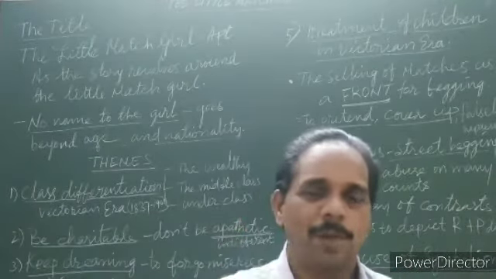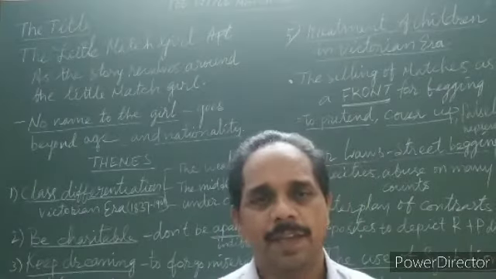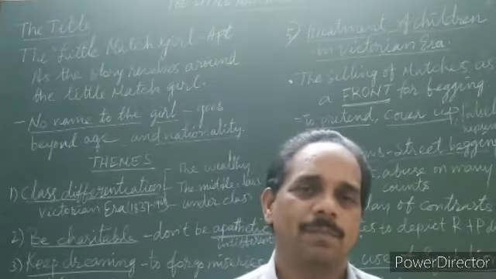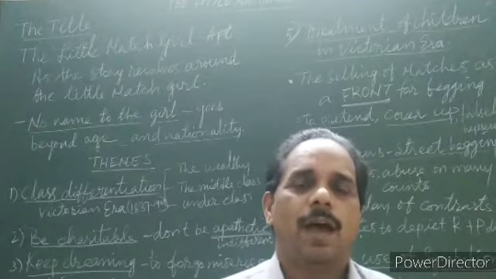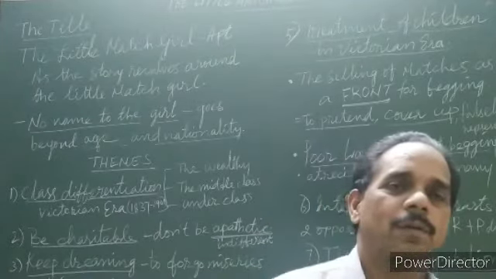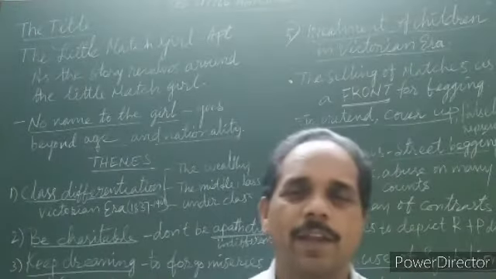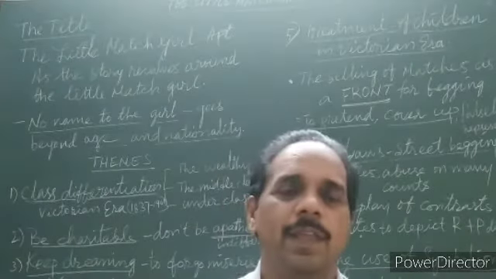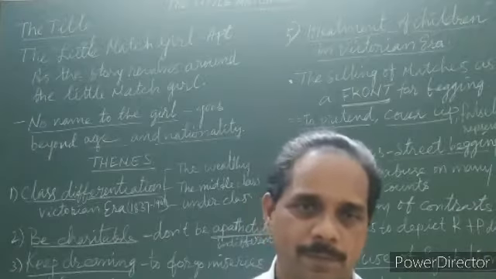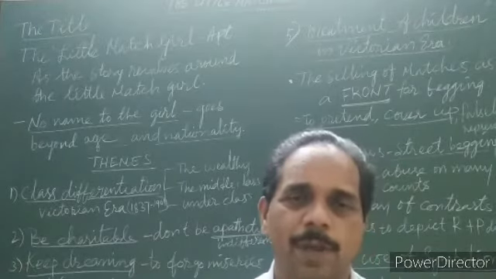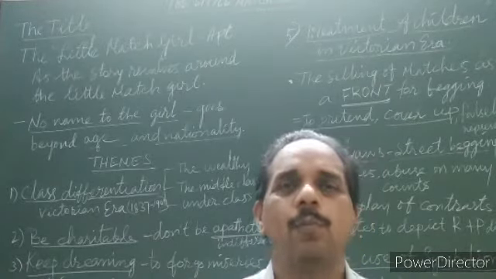I'll give some examples from today's world. You have internet begging, and you have something called crowd pooling. When you are in difficulty, suppose somebody needs to undergo some operation, and you don't have sufficient money, then they call it crowd pooling.